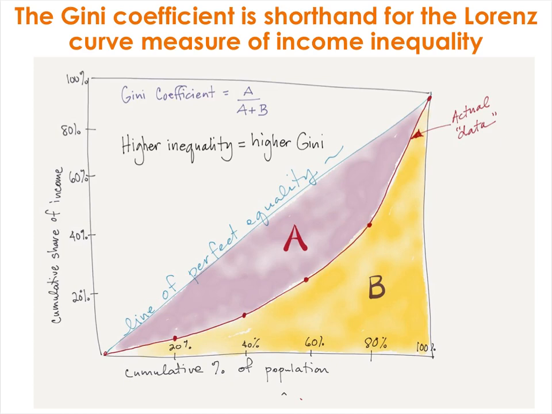So if we shade in the area between the line of perfect equality and the actual Lorenz curve, we get area A, and the larger that area is, the more inequality we think we have. So the Gini coefficient is the area A over the area of the whole triangle under that line of perfect equality, or A plus B. So higher inequality will have a more bowed out Lorenz curve and a higher Gini coefficient.